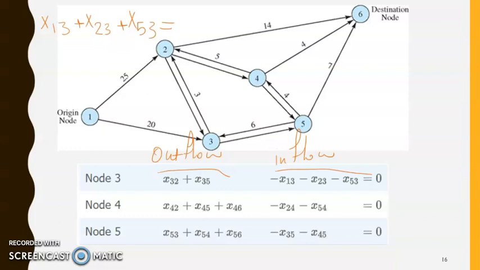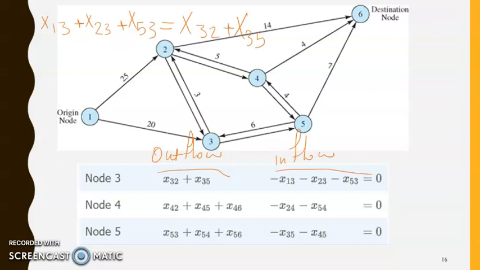We have 2 outflows, x32 plus x35. And here we have x13, x23, and x53. The reason I'm writing all these things in this way is to make sure you get a good understanding that none of these math points, negativity, positivity, and bringing them to one side or not, has any effect on the correctness of your model.